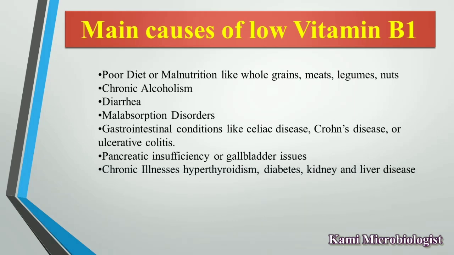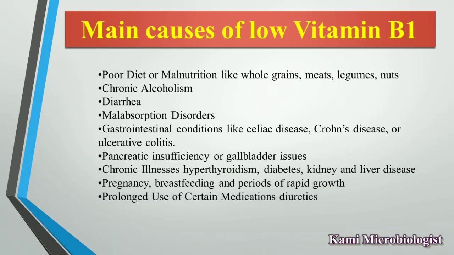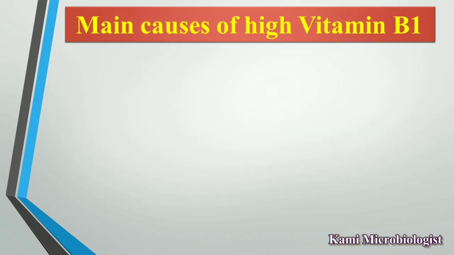It is due to chronic illness like hyperthyroidism, diabetes, kidney and liver disease. It is due to pregnancy, breastfeeding and periods of rapid growth, prolonged use of certain medication like diuretics, and aging. The vitamin B1 level can also get low in the body.